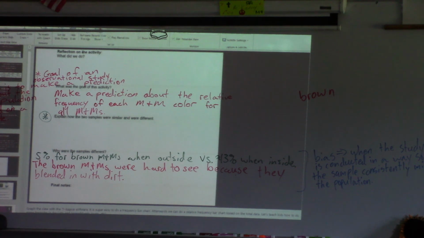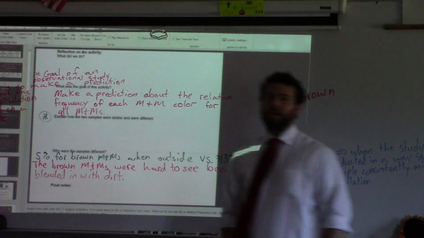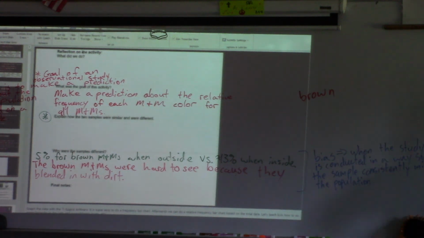That's a major issue, right? Because what are we trying to do with an observational study? Be as accurate as possible in what? What are we going to try to do? Make not an estimate, a prediction, right? We defined it over here. We want to make a prediction about the population. But if our sample doesn't look like the population, how accurate is our prediction?